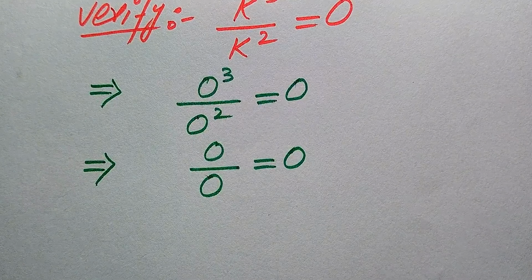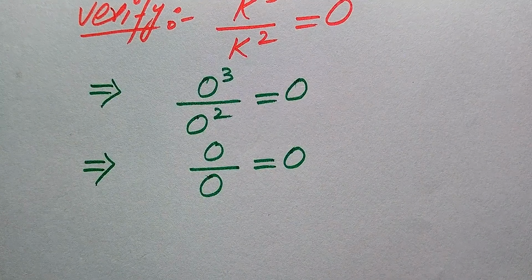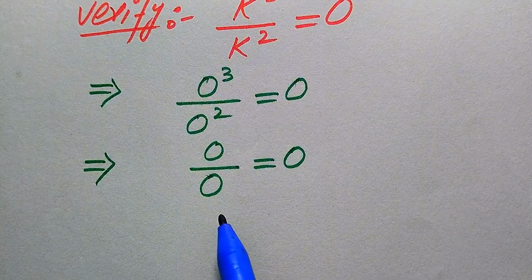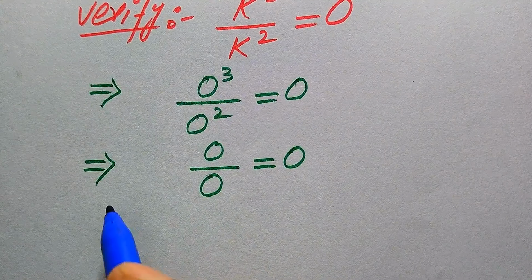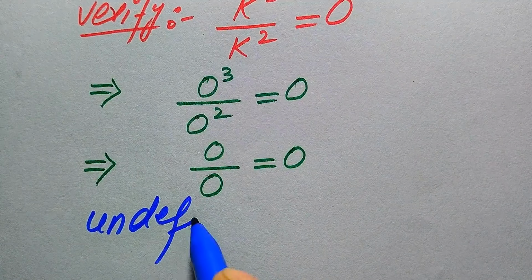Now you see on the left hand side we have the 0 over 0 form, or in other words, the indeterminate form. If this is the indeterminate form, we say that our left hand side is undefined.